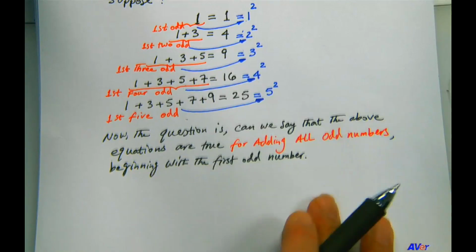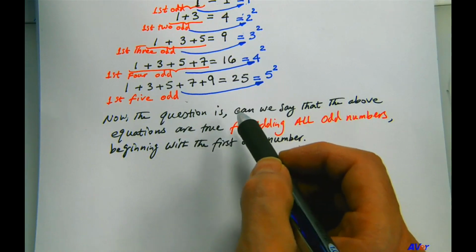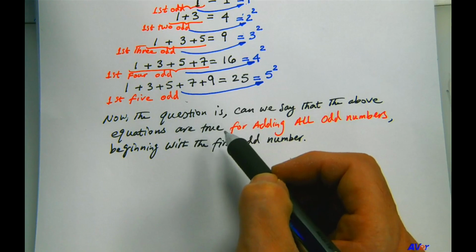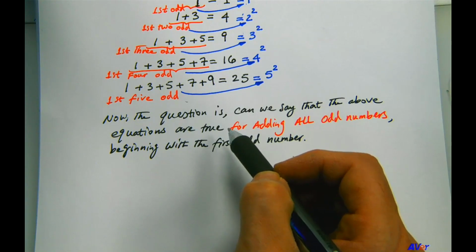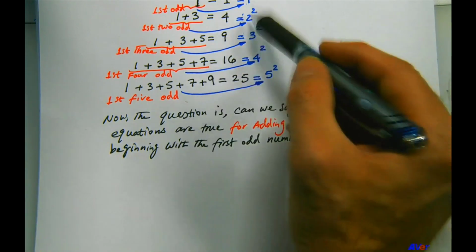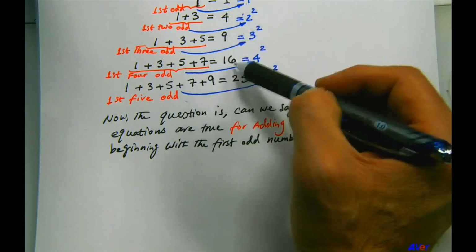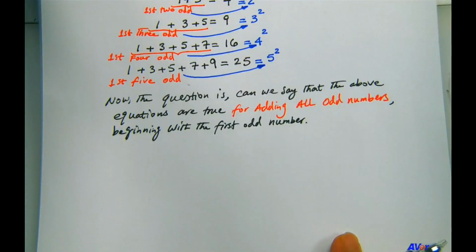But what about the first 10 billion odd numbers? If we add those numbers, would they be equal to 10 billion squared? Or how about the first trillion odd numbers? If we add the first trillion odd numbers, would that be equal to 1 trillion squared? That's a different thing if we try to stretch these few examples to all odd numbers, which there are infinitely many of them.